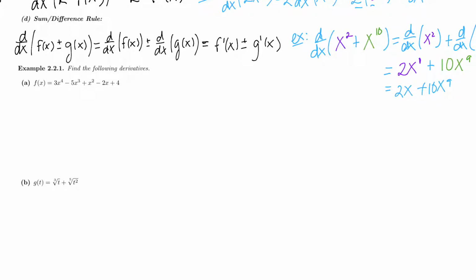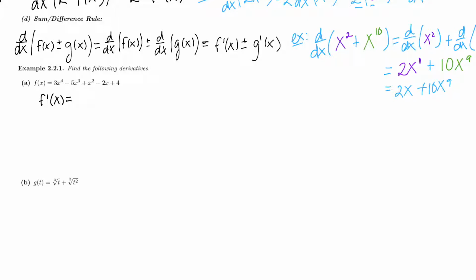So let's find some derivatives. Looking at this function, 3x to the 4th minus 5x cubed plus x squared minus 2x plus 4. Finding this derivative. So f prime of x.